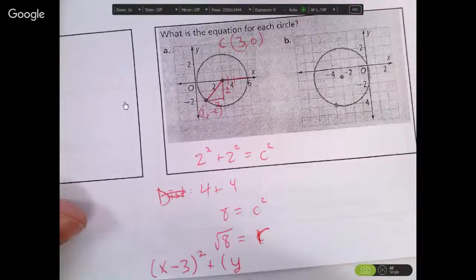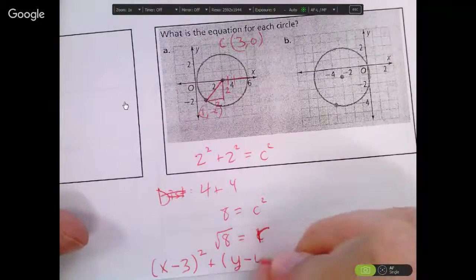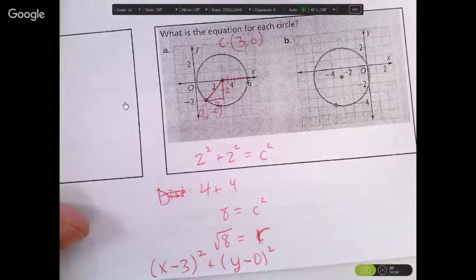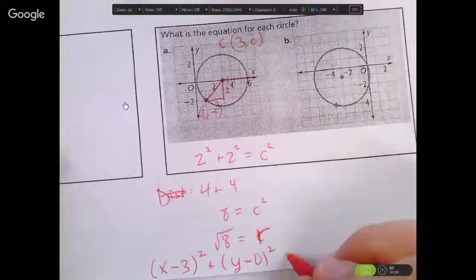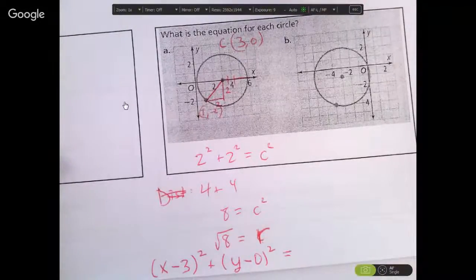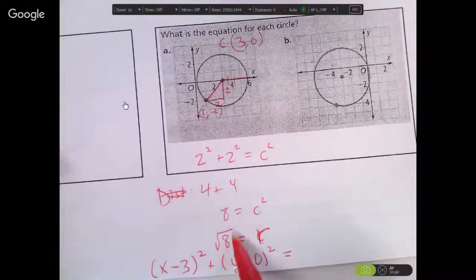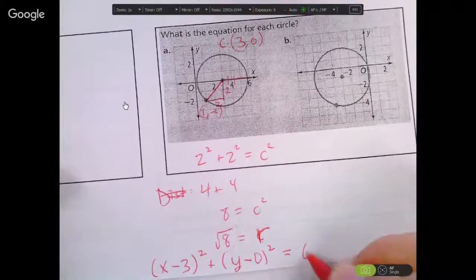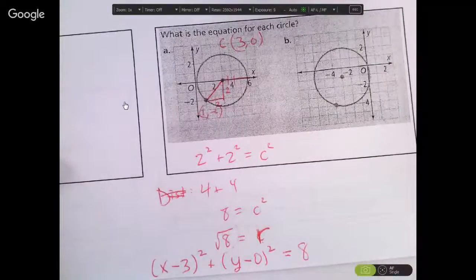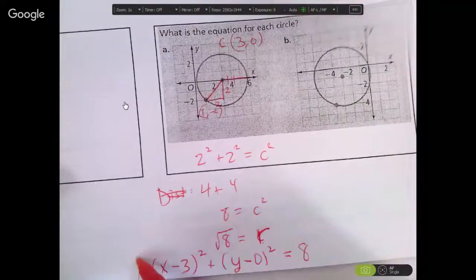How do I write y minus 0 squared? If you wrote it like this, you would not lose any points, but you could also write it as just y squared equals my radius squared. If I square this, it's 8. But then you have two variables and you can't do anything, so it's pointless. So this is the answer to this question.